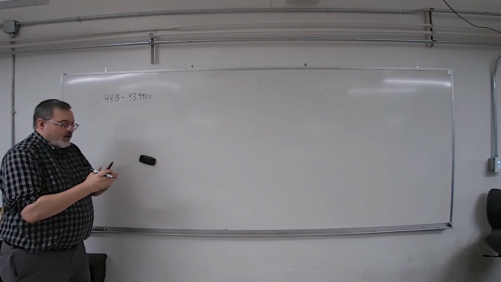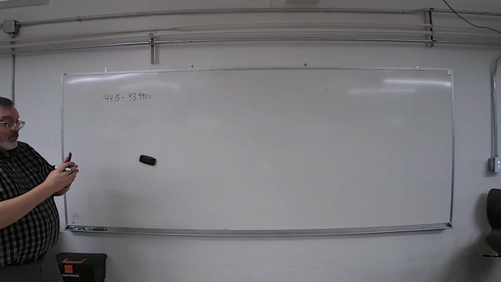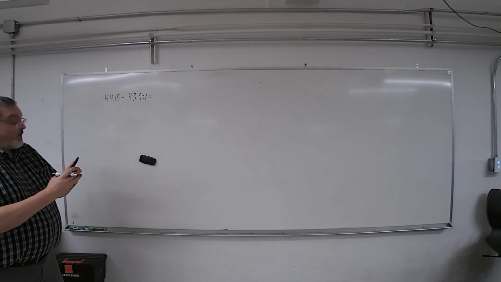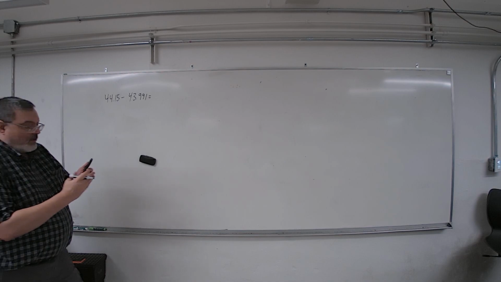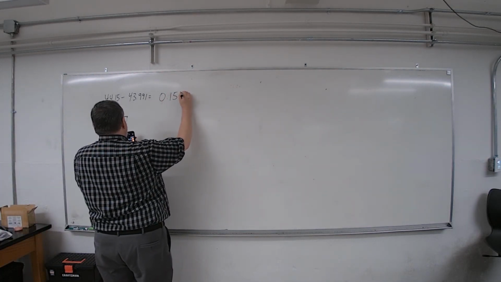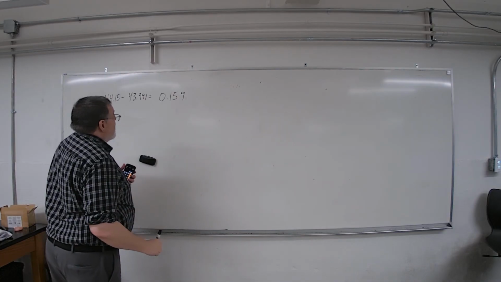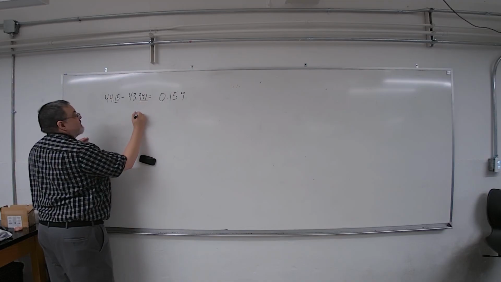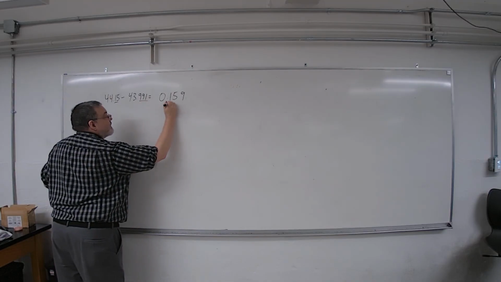When I say it's not significant figures, you have to think about here. 44.15 minus 43.991 equals, my calculator says... that's what my calculator gives me. 2 after the decimal, 3 after the decimal, so I want this one to be 2 after the decimal.